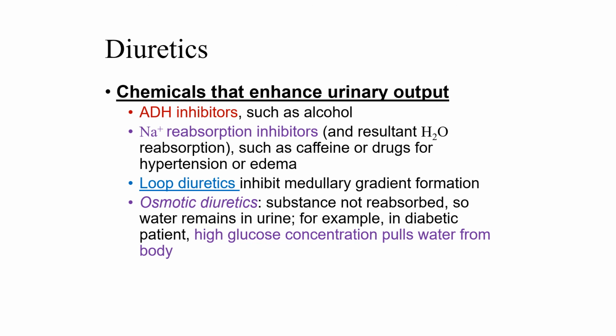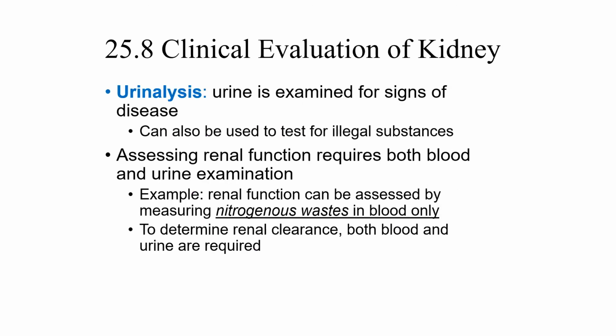It should be reabsorbed. But if there's too much glucose in the blood, it'll wind up in the urine. Glucose in the filtrate pulls water from the medullary tissues and eventually into the urine.